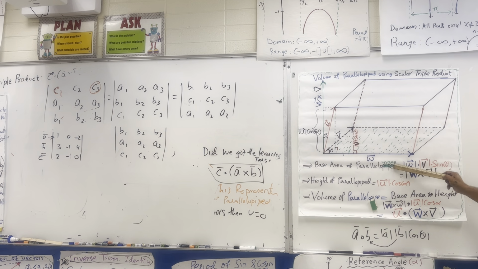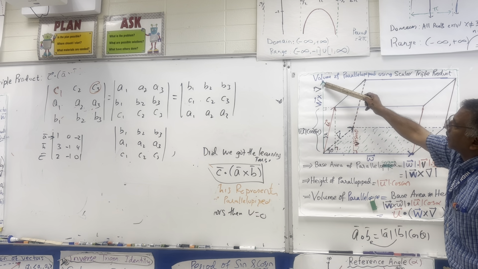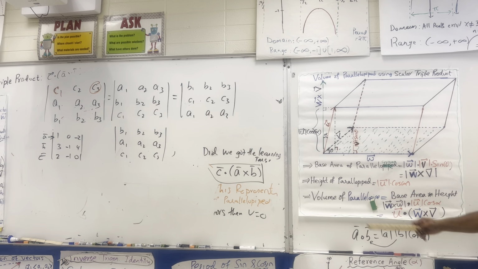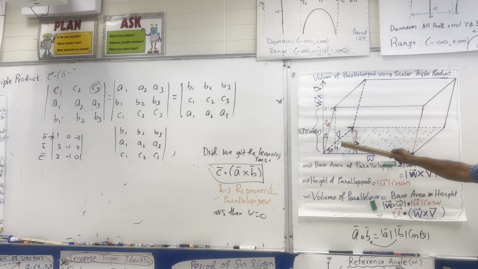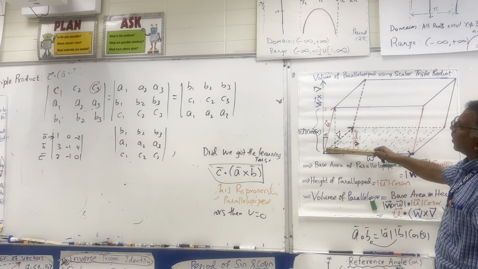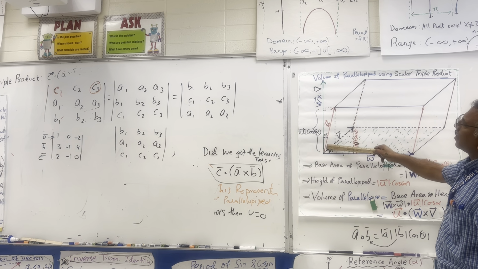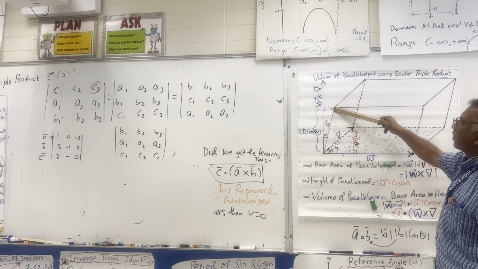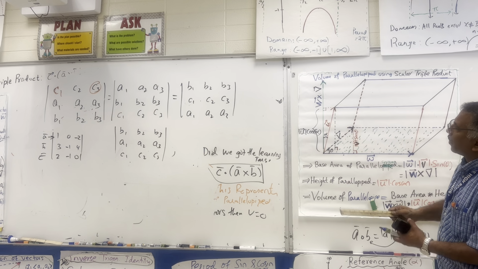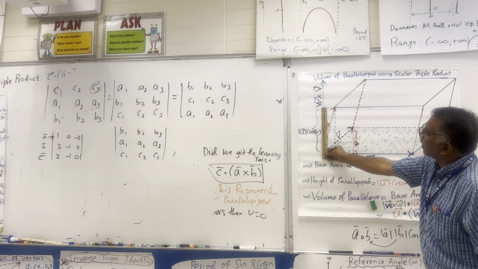The base area is this one, the blue one, then the orange one is this height, and that represents the cross product of this and that. Then u is another vector, of course there I took C, so from here you could figure out this part, that's the height.